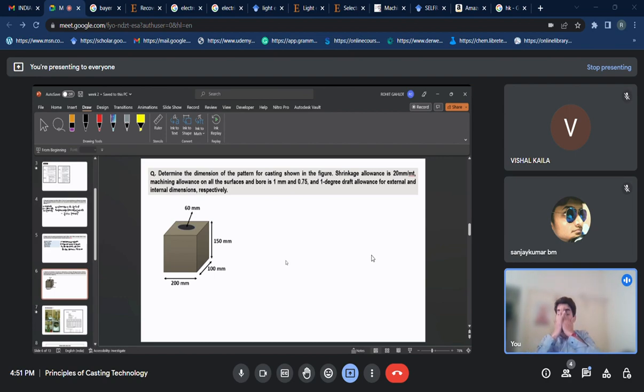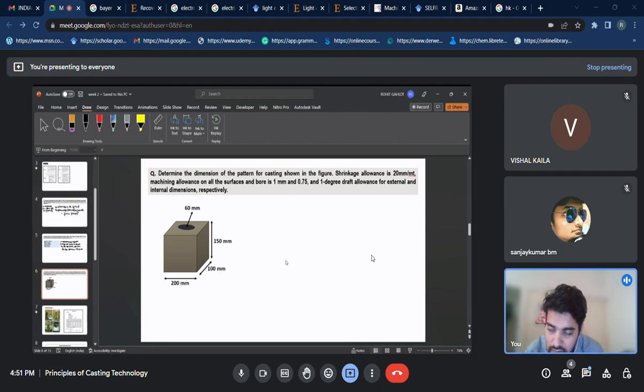As it is a taper, we need to give it some angle. Calculate in terms of tan theta for 0.75 and 1 degree, and then you will get the final figure: the length, width, height and diameter after considering all three allowances.